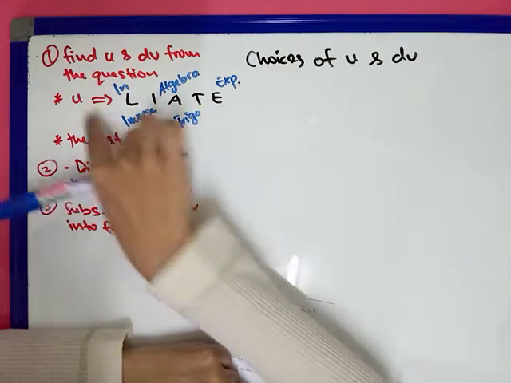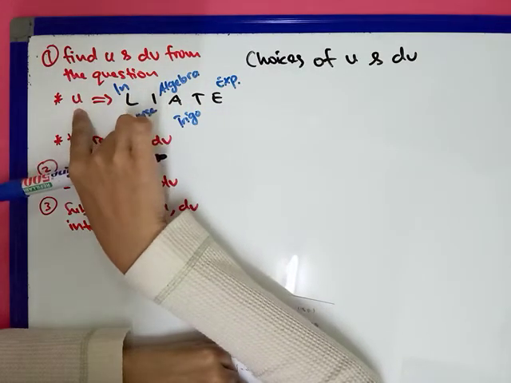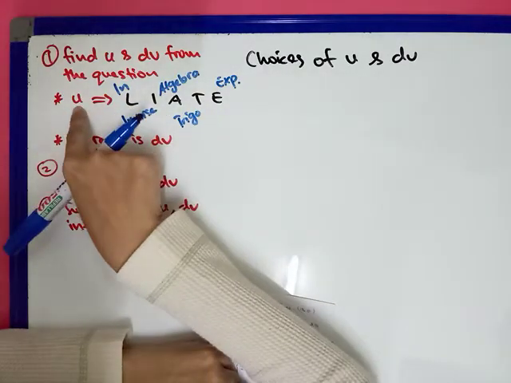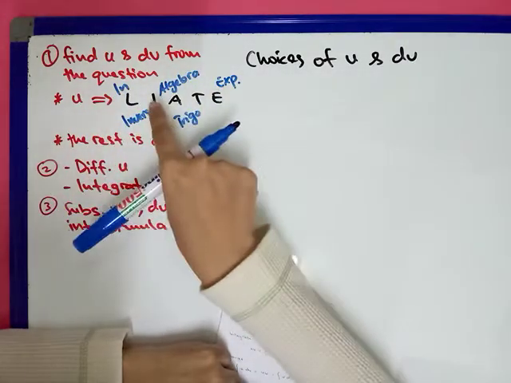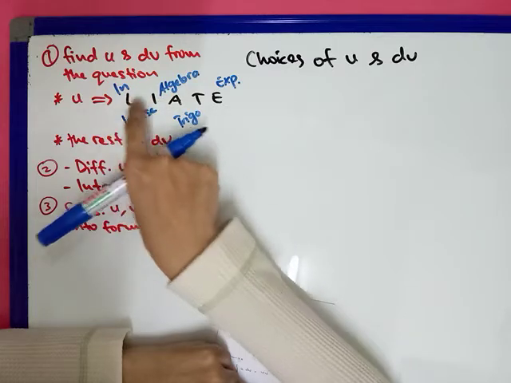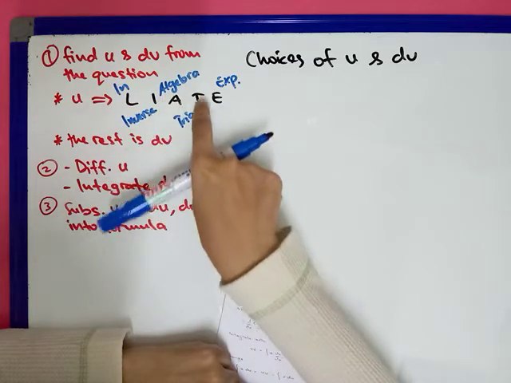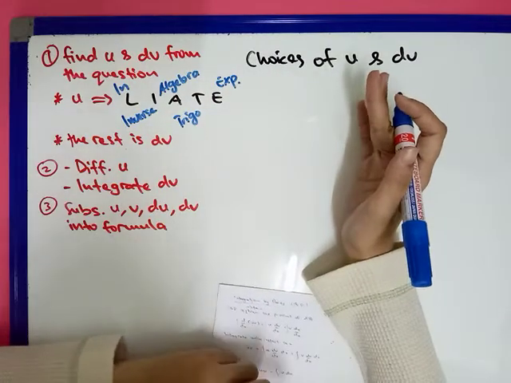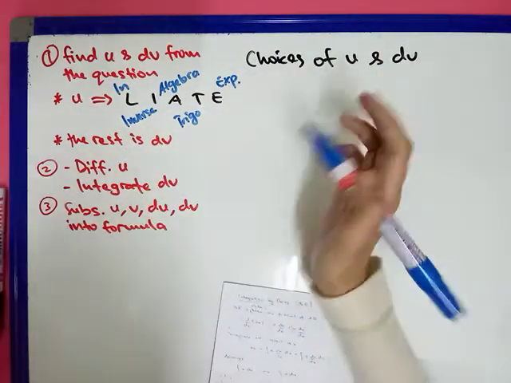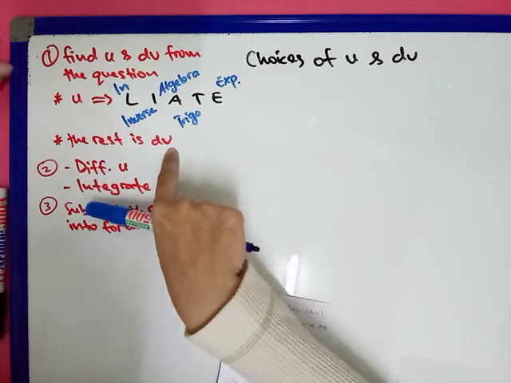Okay, so when we want to let U, from the question, we follow this sequence first. L for ln, I for inverse, A for algebra, T for trigo, E for exponent. Later saya akan tunjuk examples dia, macam mana nak buat. And then the rest function will be dV.